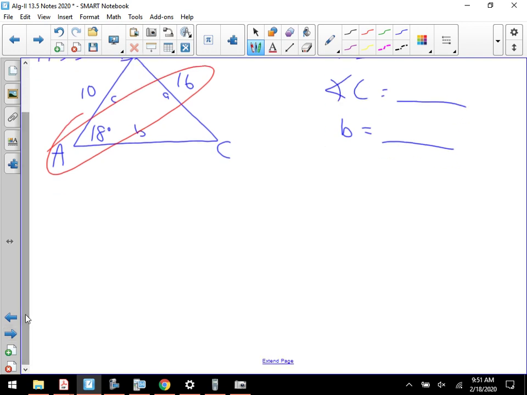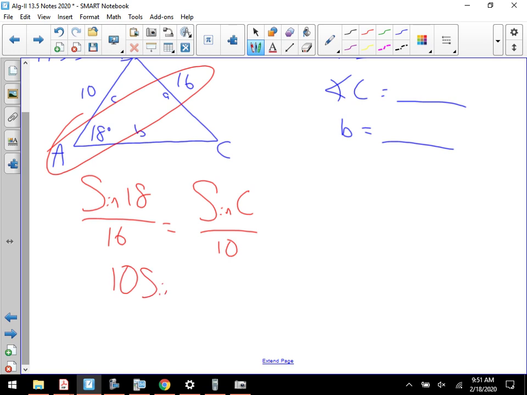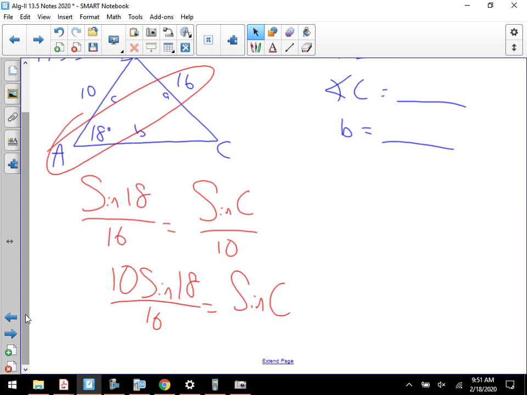So we have the sine of A is to its side opposite. Okay? You guys with me so far? Yeah. Okay. Now, in this case, since you have to find an angle, that means eventually you'll have to use an inverse function. So the only thing we have to move to get the sine of C by itself is to move the 10. You just multiply it. So you have 10 sine of 18 divided by 16 will equal the sine of C. So what I need to do is press all of that into the calculator. 10 sine 18.